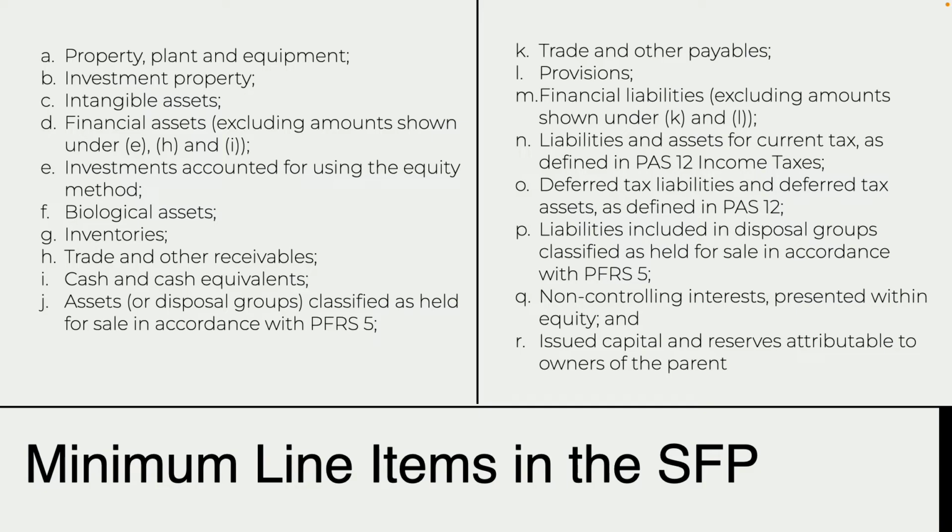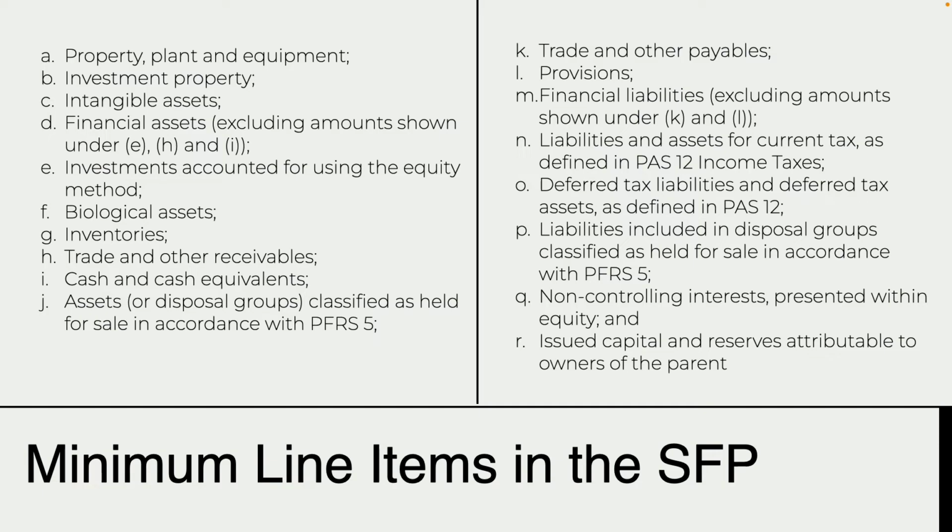So, meron sa other side naman natin, meron tayong liabilities and capital. Okay? So, meron tayong trade and other payables, provisions under PAS 37, financial liabilities excluding yung letter K and L. Deferred tax liabilities, yung kanina nabanggit natin, under PAS 12 yon.